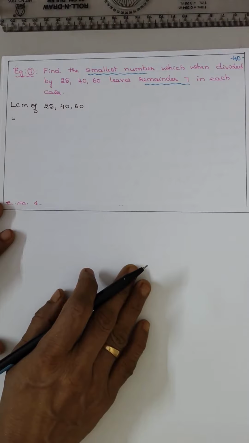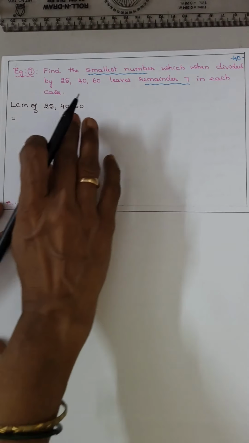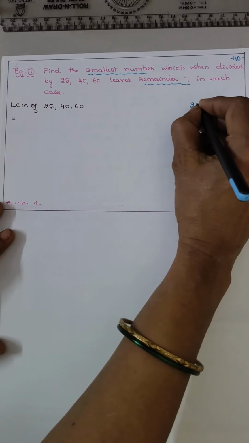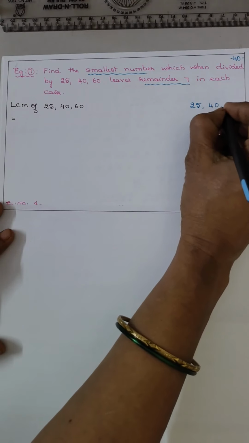HCF में कैसे क्या करने का, LCM में क्या करने का. So use the common division method. So it is 25, 40 and 60.